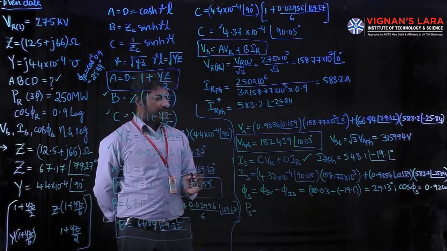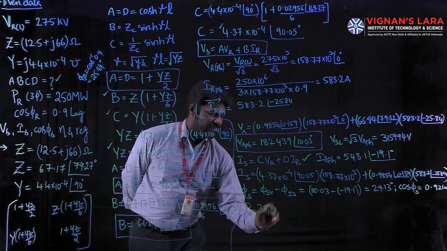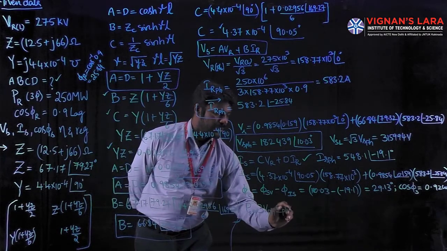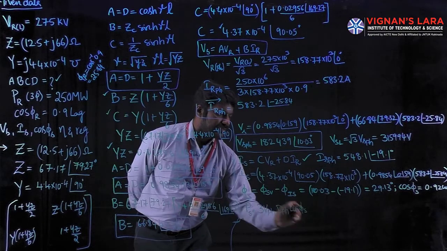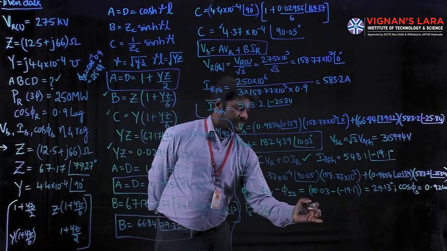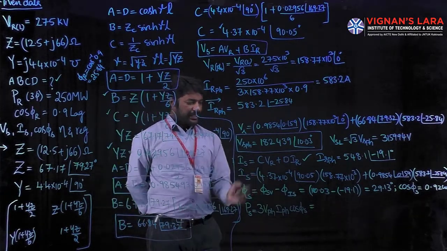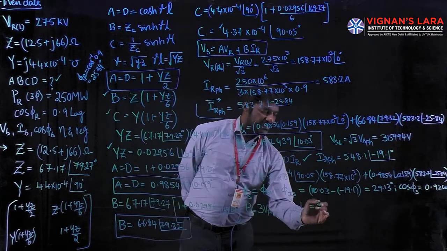Let me write it in the phase values. You can also write and cross check in terms of line values, both are same. It is your wish. Right now I am solving this with the phase values.